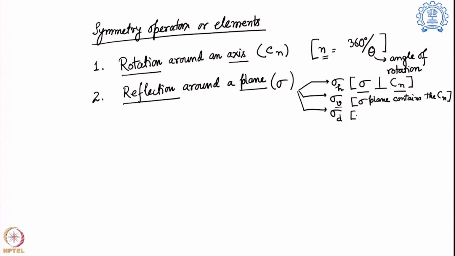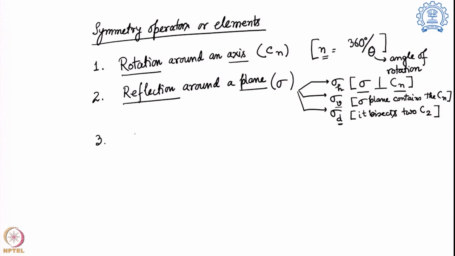However, the sigma d has one extra feature, and that is this bisects 2 C2 axes which are typically present in this molecule. So, the other 2 C2 should be present and will be bisected by this sigma plane. So, that is why it is known as sigma d, where d stands for dihedral. So, these are the 3 different sigma planes we can have.